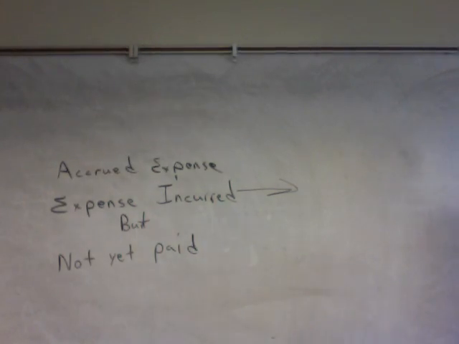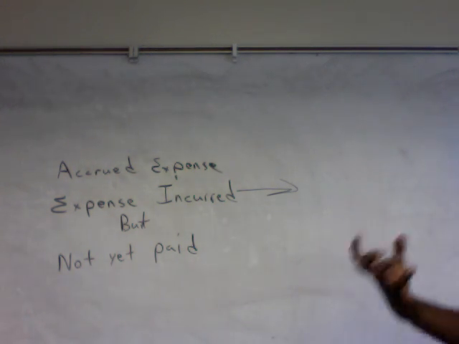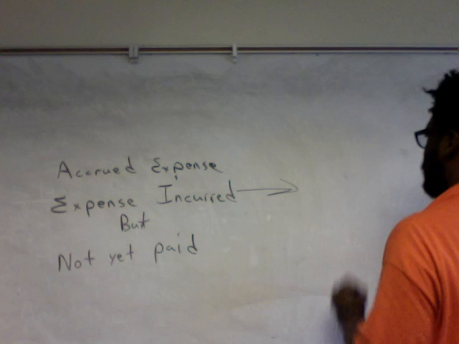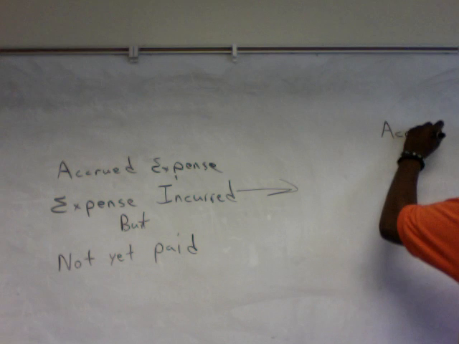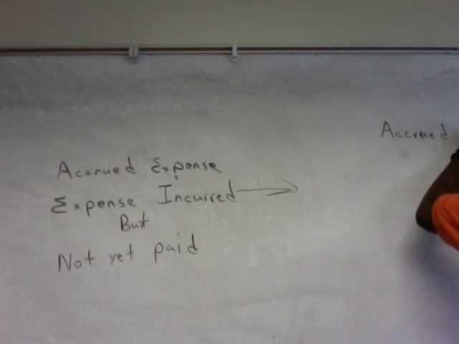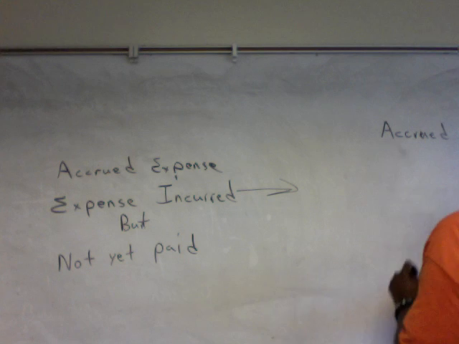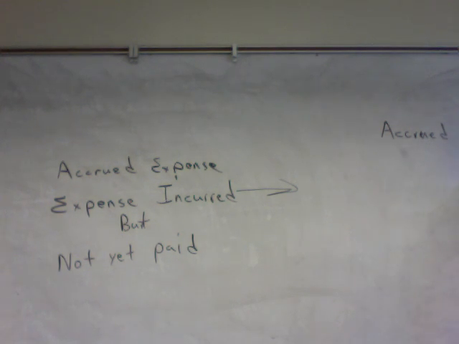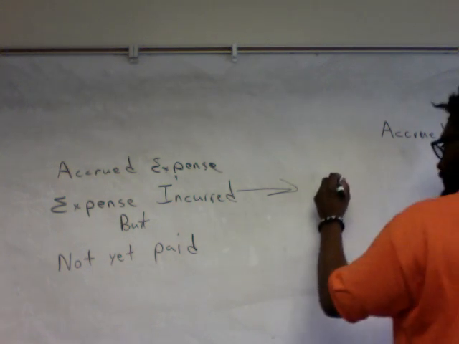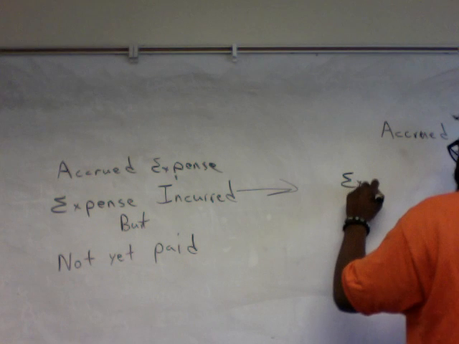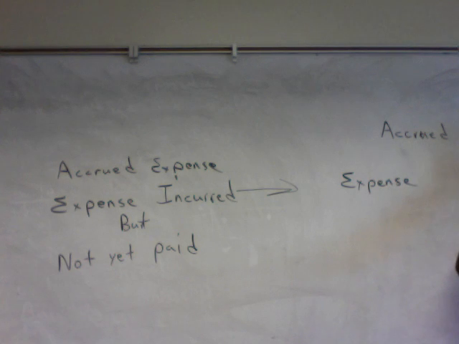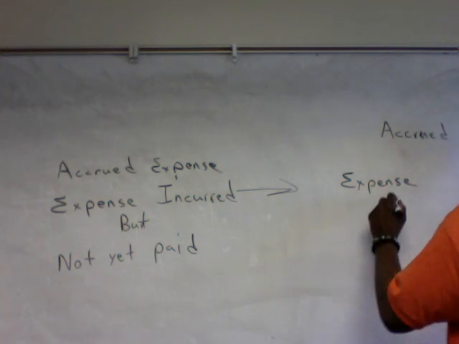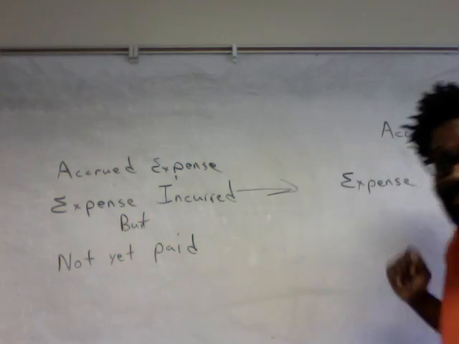So how do you record an expense when it is incurred? You have to put it on the books. You have to increase that expense. So how do you increase an expense for an accrued expense? Anytime you have an accrued entry for an expense, you're going to debit an expense for whatever the amount is, and you're going to credit what hasn't been paid.